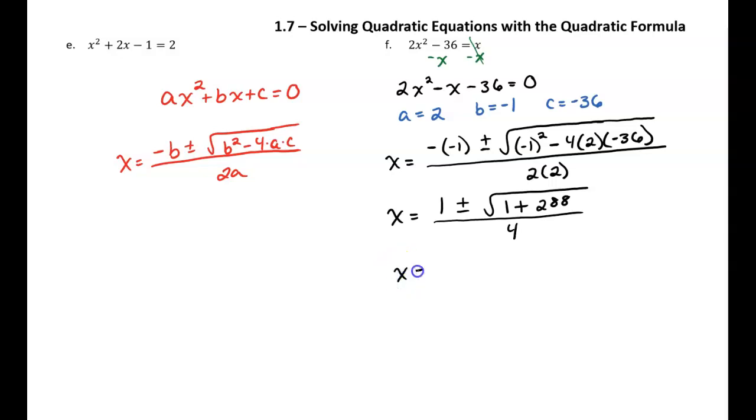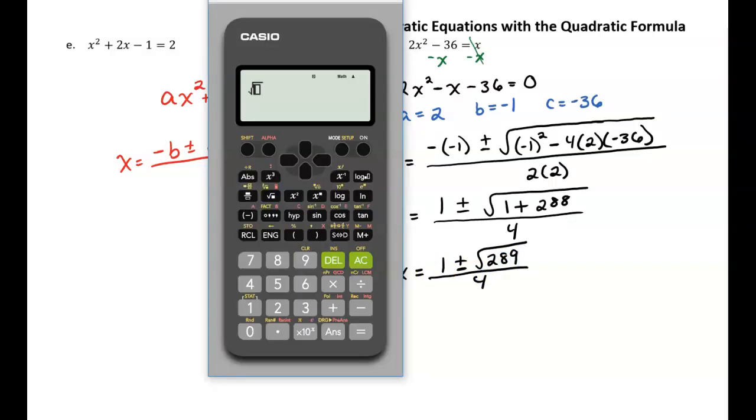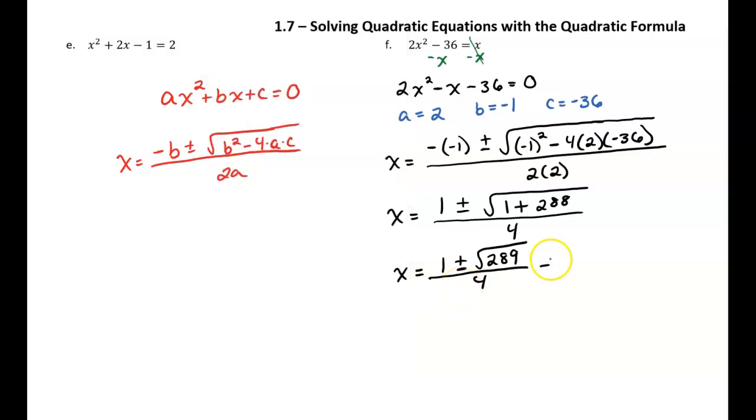So we're getting there. We have 1 plus or minus the square root. See, 1 plus 288, that's 289 divided by 4. And the square root of 289 just so happens to be a nice 17. So I can say this is equal to 1 plus or minus 17 divided by 4.